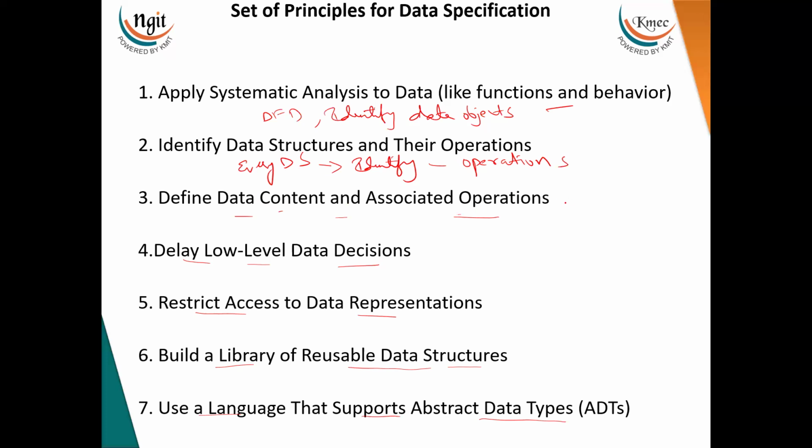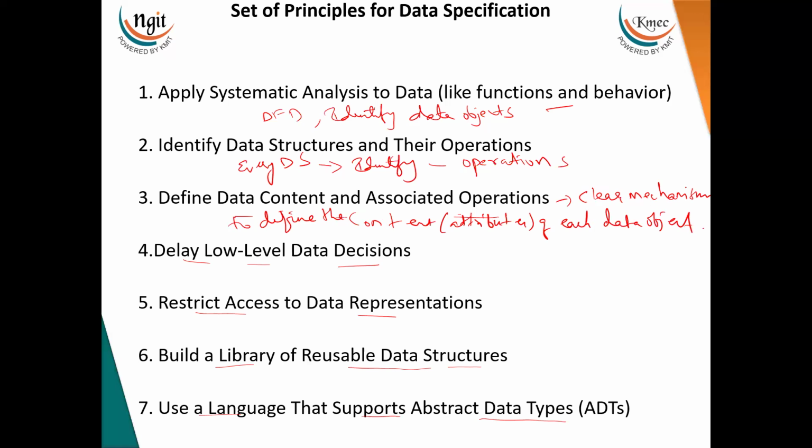There should be a clear mechanism to define the content, the attributes of each data object, and whatever operations apply to it. Using UML diagrams, we can achieve this by clearly showing what attributes exist and what operations are to be performed.